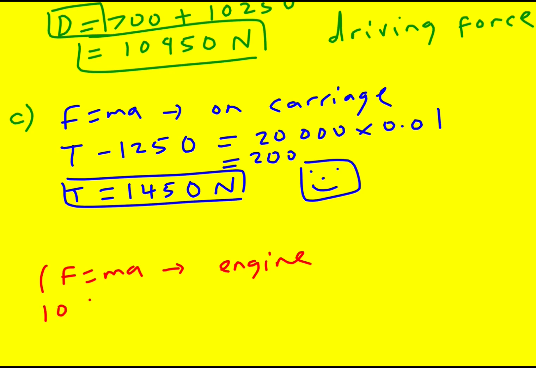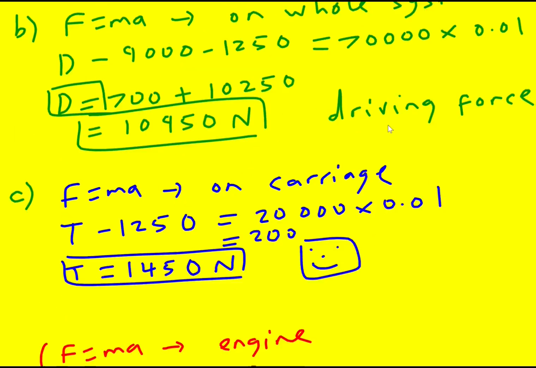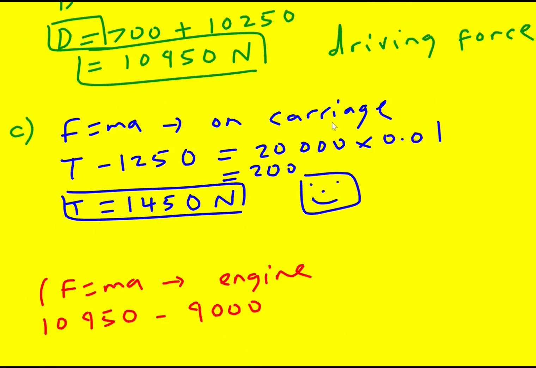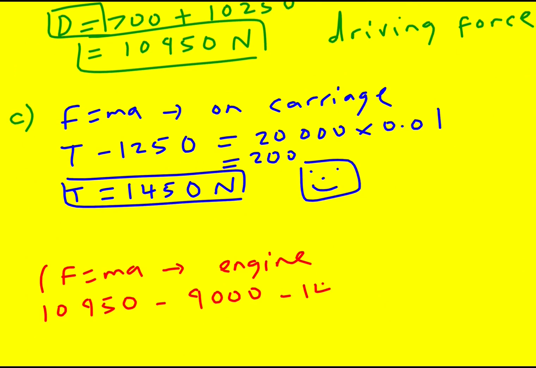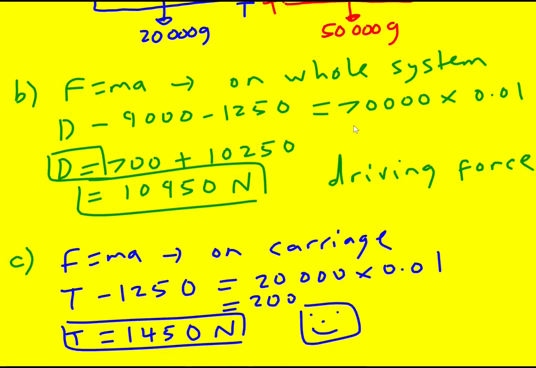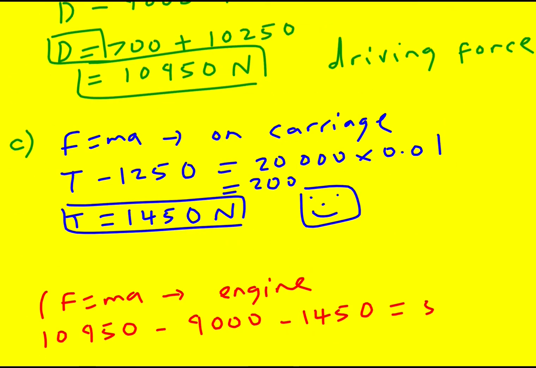And then 10950, that's the driving force, minus the 9,000 resistance force, minus the tension. We could calculate that, and we're expecting it to equal 50,000 times 0.01, which is 500.